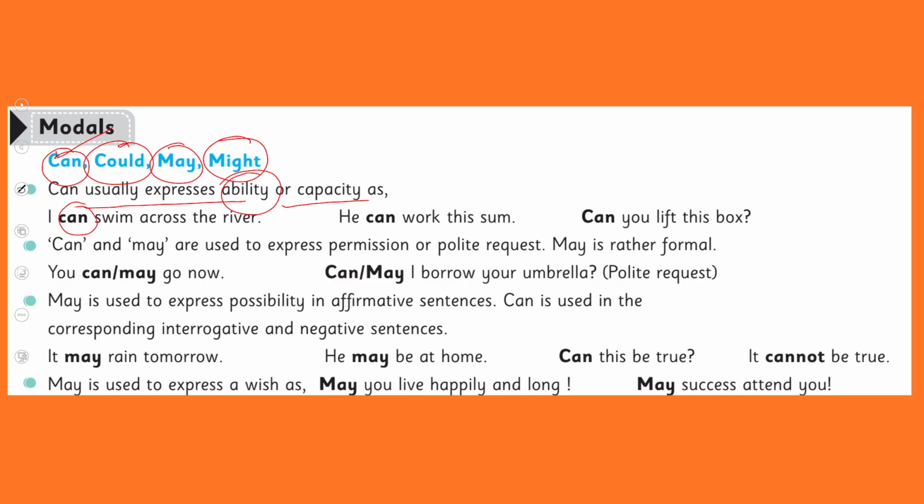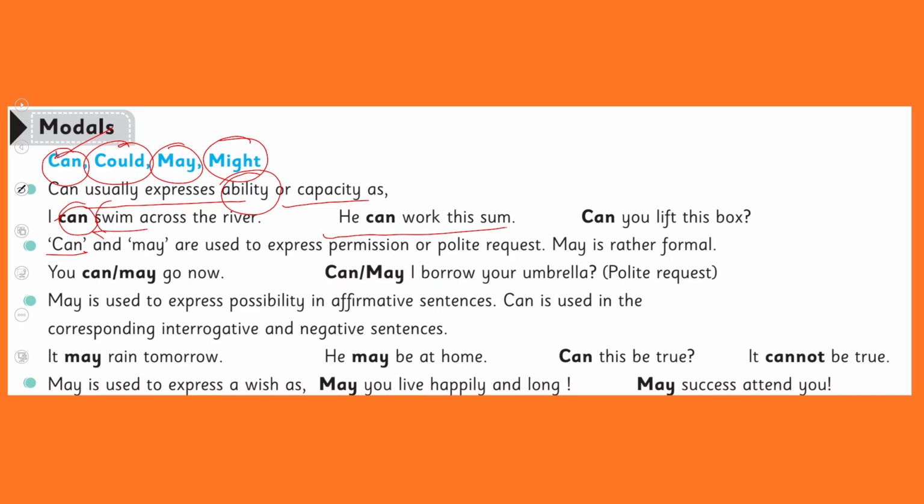I can means you have the capacity and the ability, the power to do this action of swimming across the river. So you can do it. You have all the possibilities of doing it, and you have all the energy and ability to do this. So you can say, I can swim across the river. This shows that you have the ability of this verb or this action.